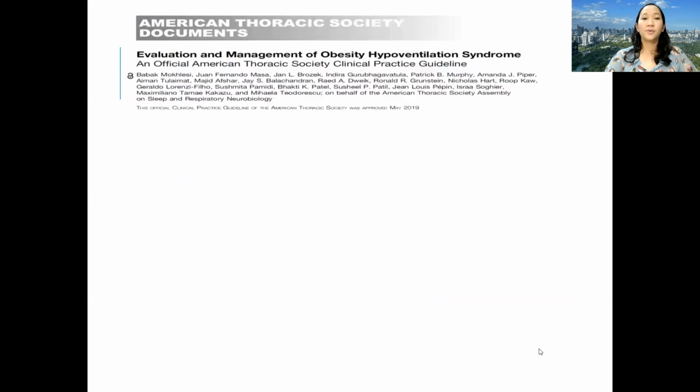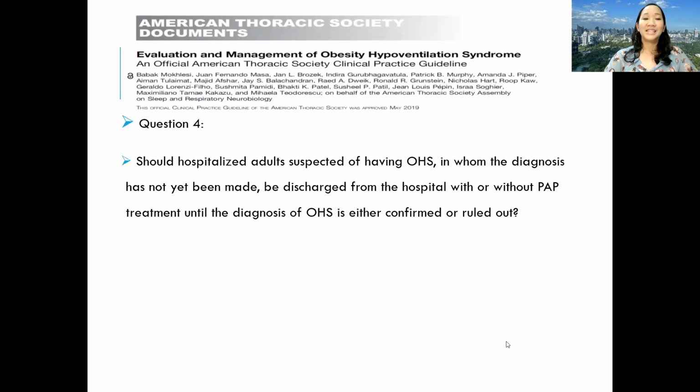And you should plan for PSG later on when they're stable. According to ATS also, should hospitalized adults suspected of having OHS, in whom the diagnosis has not yet been made, be discharged from the hospital with or without PAP treatment until the diagnosis of OHS is either confirmed or ruled out?